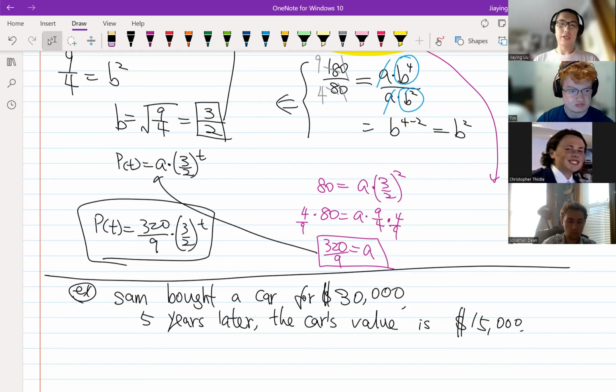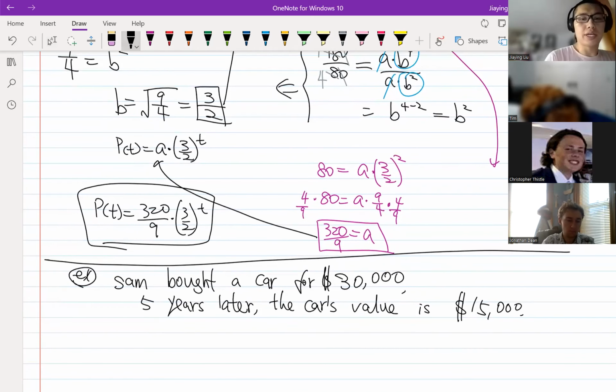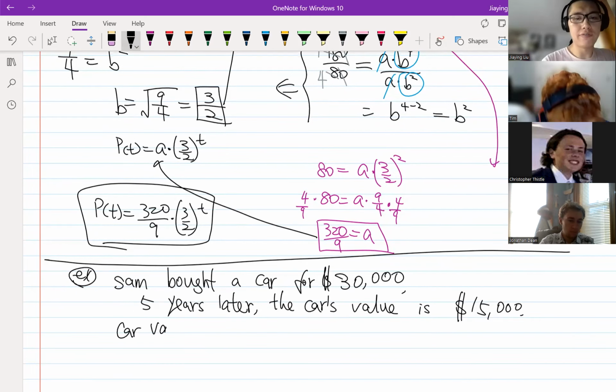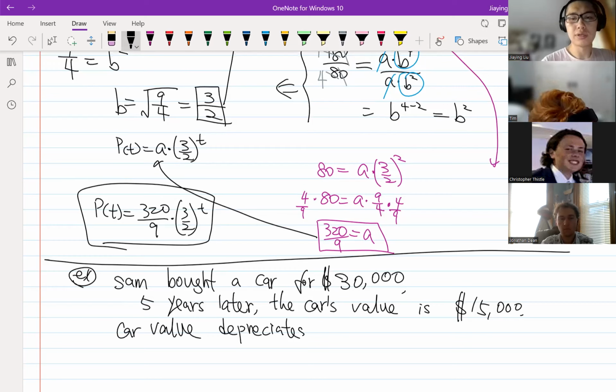So in this example, Sam bought a car for this amount, that's at t equals 0, and 5 years later the value is this. So we get 2 points: 2 times and 2 values of the car. Suppose the car's value depreciates exponentially.